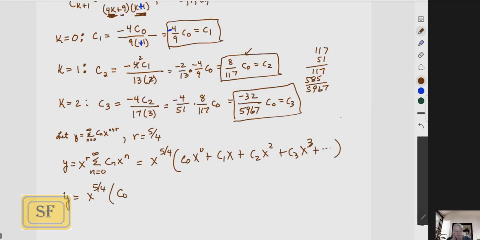Here again we have a C0, and then x to the 0 is just a constant, plus C1 is negative 4/9 C0 x, and then C2 is 8 over 117 C0 x squared, and then C3 is this negative 32 over 5,967 C0 x to the third.